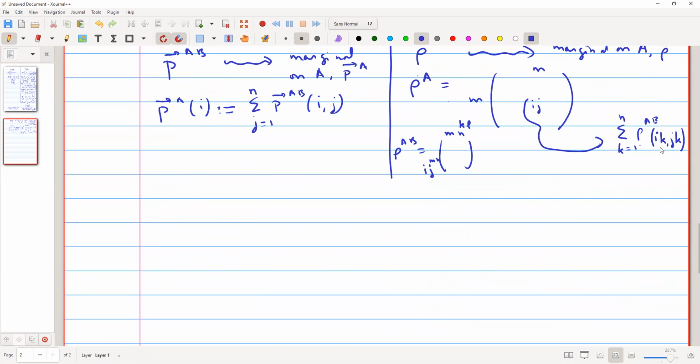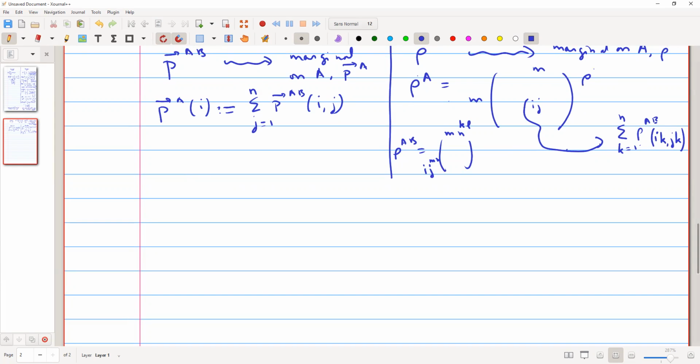So to get the ijth element of rho A, I'll go to rho AB and I look at the ik, jk elements. So in general, I should have looked at ik, jl elements, but for the purpose of taking the marginal, I'll have to take k equal to l. So that's why it's ik, jk. Okay, ij is coming from here and k is the running index. k runs from 1 to n. So this is the expression. Okay, so let me write it down formally.